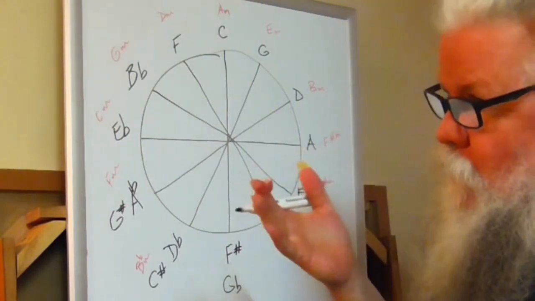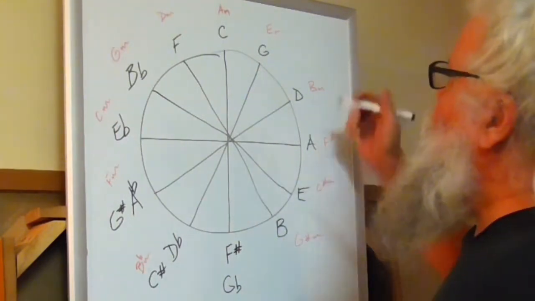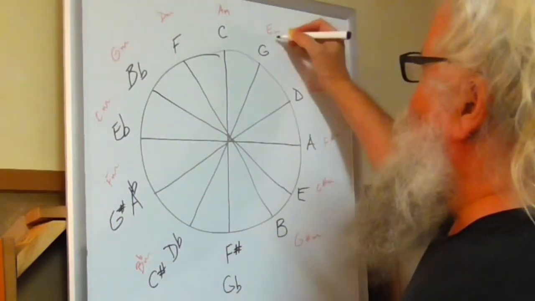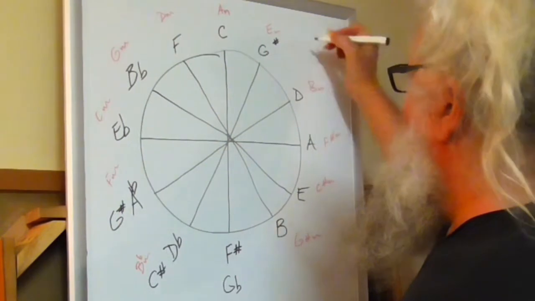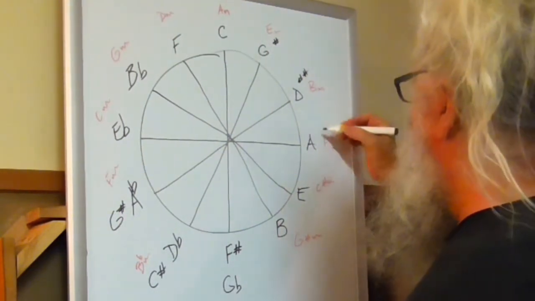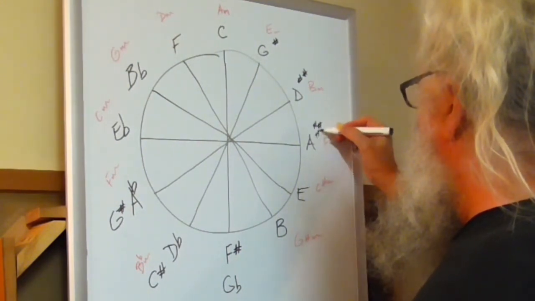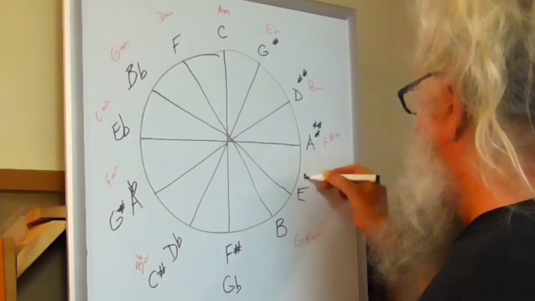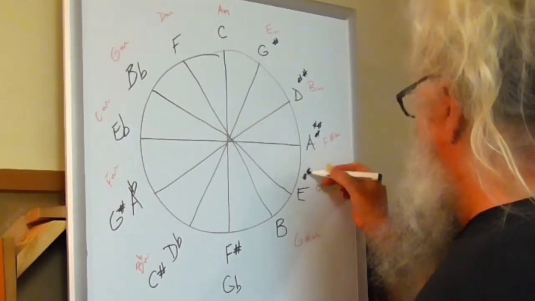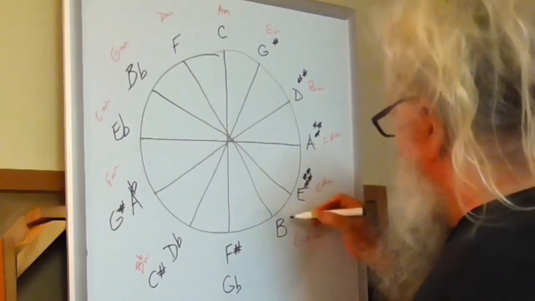There is a method of working out where the sharp's going to be, but in any case, there's one sharp here, two sharps here, 3 sharps, 4 sharps, 5 sharps.